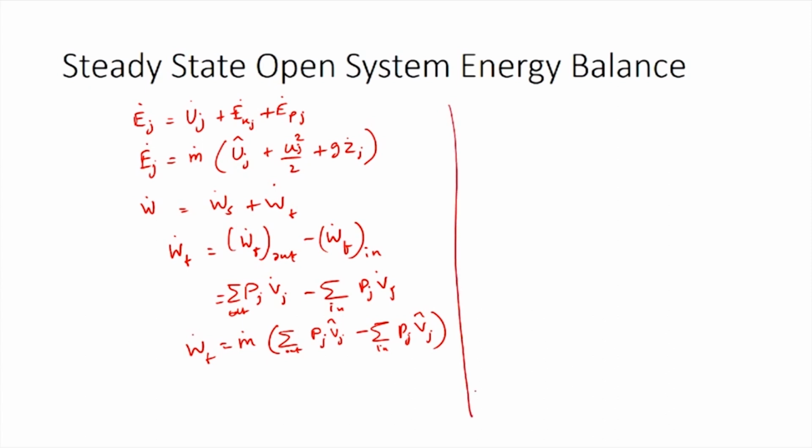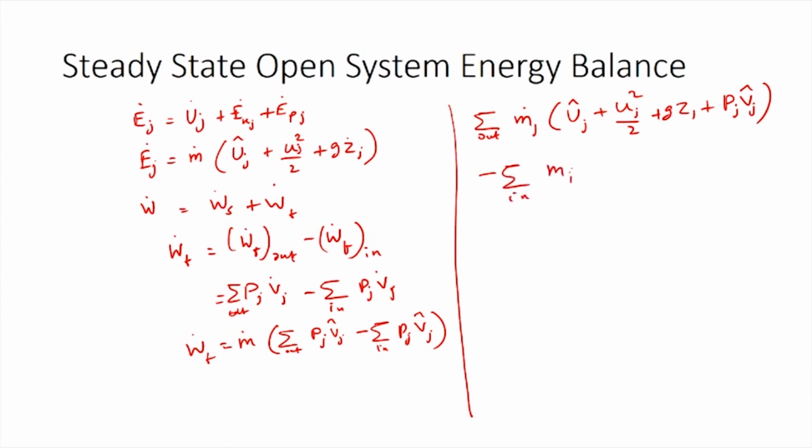Substituting these two into the equation we had earlier, we would get sigma output of m j dot times (U cap j plus u j squared by 2 plus g z j plus P j V cap j) minus input of the same thing, m j dot times (U cap j plus u j squared divided by 2 plus g z j plus P j V j cap).